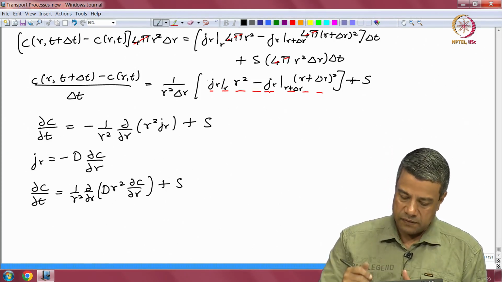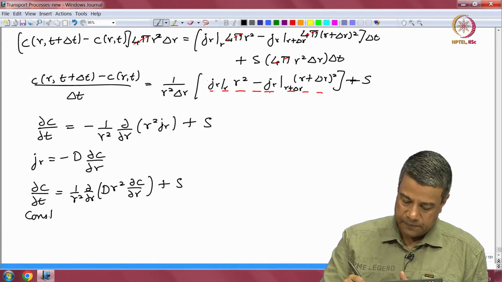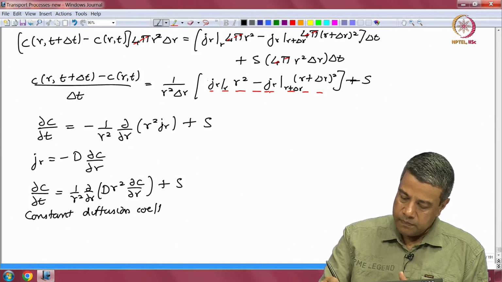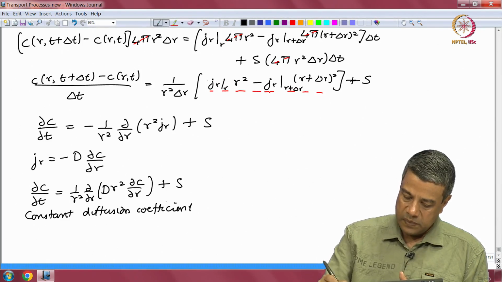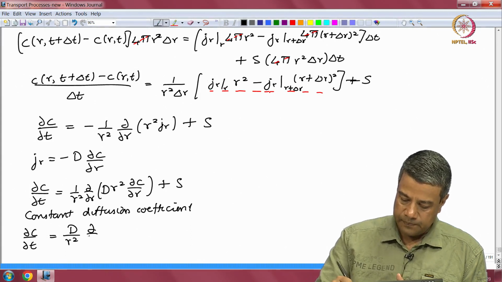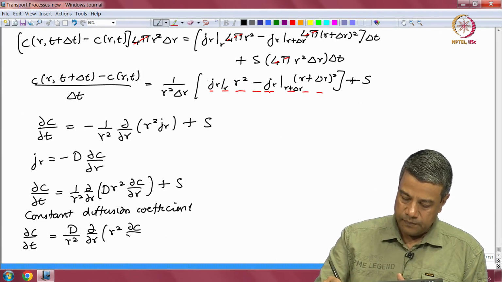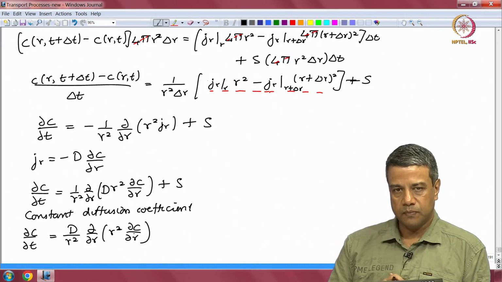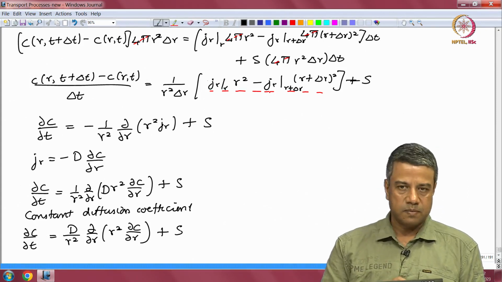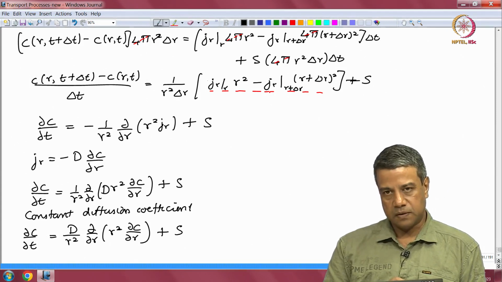And if constant diffusivity, you get partial c by partial t is equal to D by r square, plus s. So, this is the mass conservation equation in a spherical coordinate system.